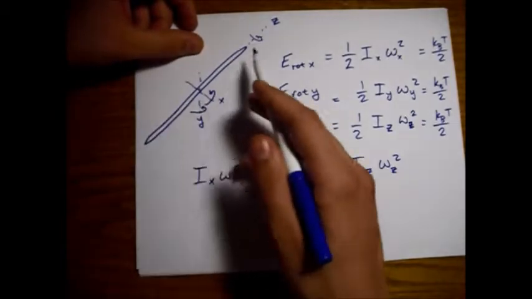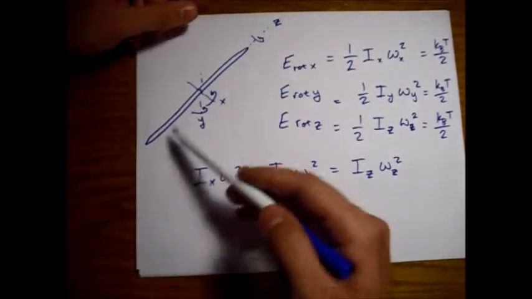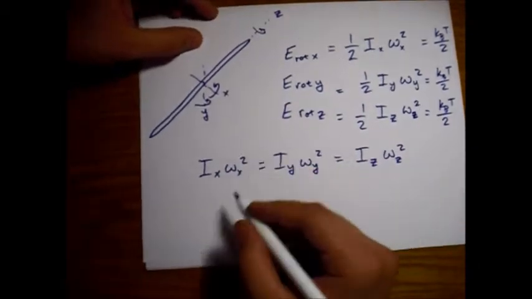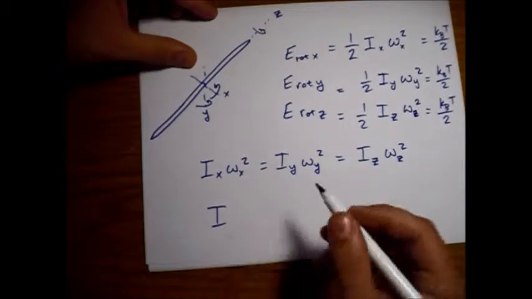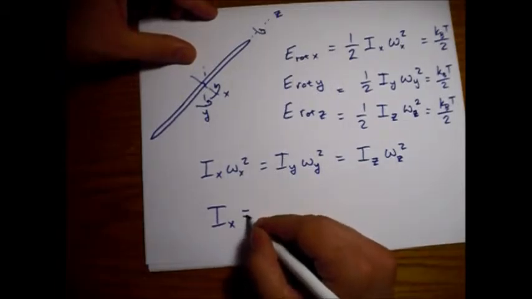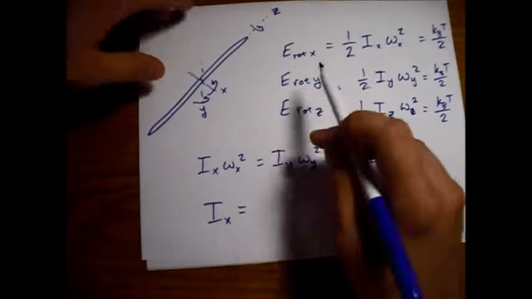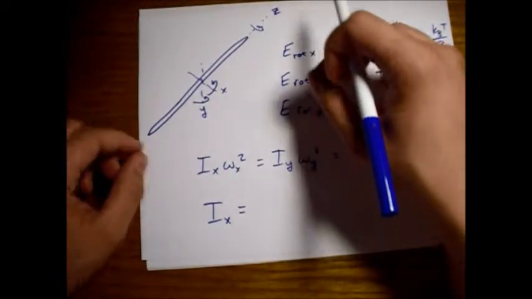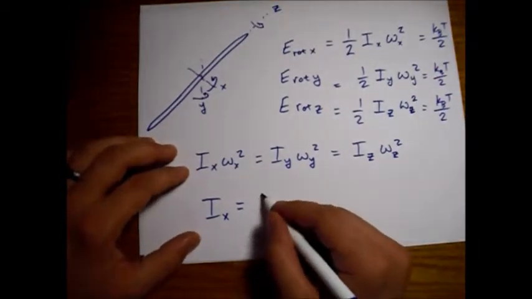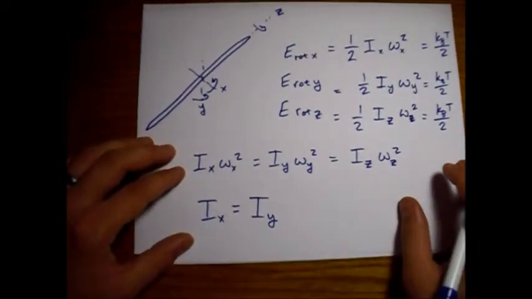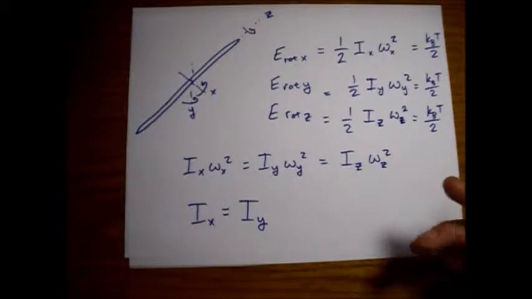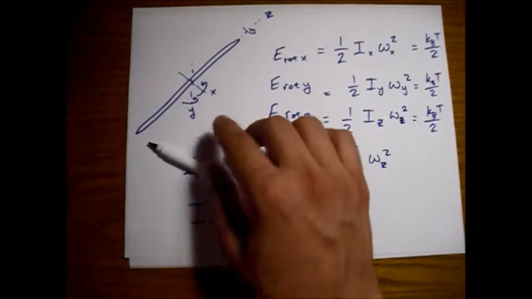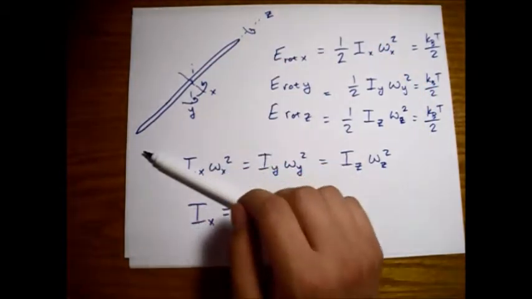All right, and we also know that let's just say this thing is symmetric, so there's no difference between x and y. That would tell us that the moment of inertia for rotation about the x-axis is equal to the moment of inertia for rotation about the y-axis. And we also expect that it's going to be much greater for these 2 directions than for z.